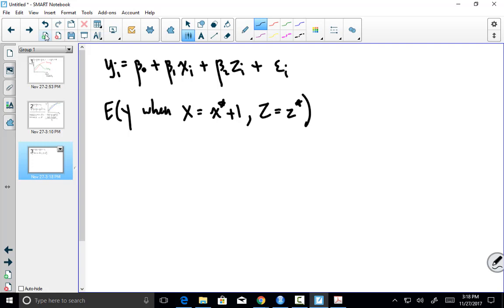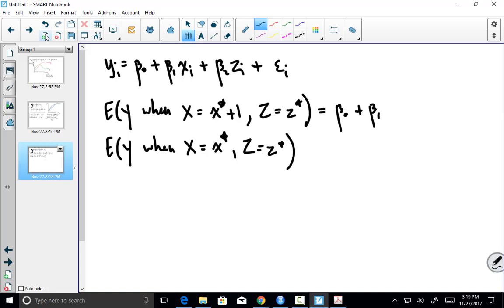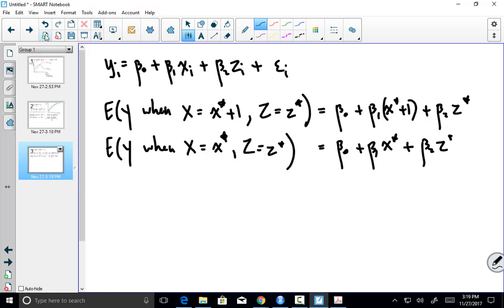We could compare that to the mean response when x is 1 unit less and z is the same as the previous line. These two quantities: beta 0 plus beta 1 times x star plus 1, plus beta 2 z star. And in the second case, we have beta 0 plus beta 1 x star, plus beta 2 z star.